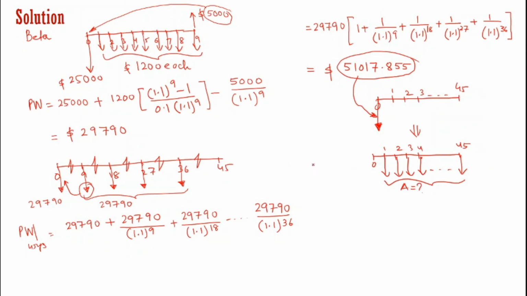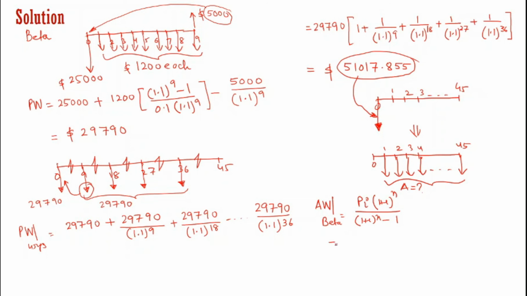So simply, if I just convert this present worth into annual worth, it will be equal to P times i(1 plus i)^n upon (1 plus i)^n minus 1.